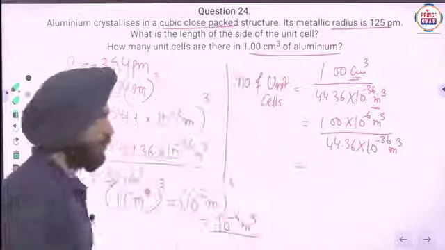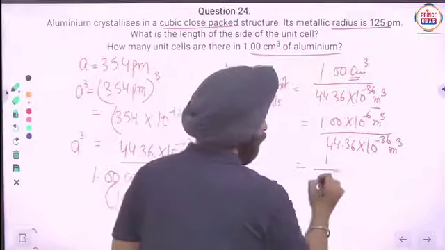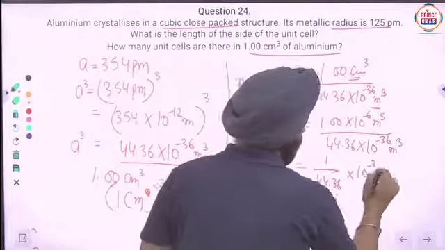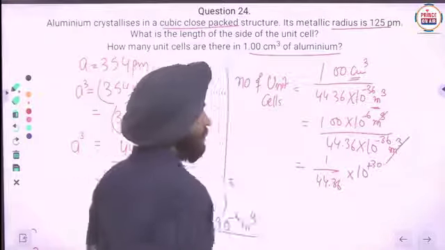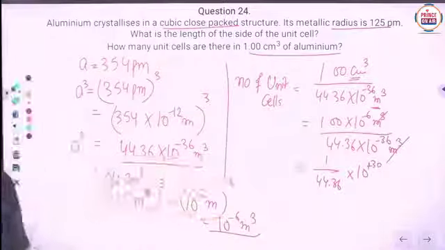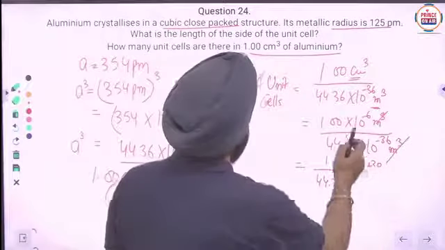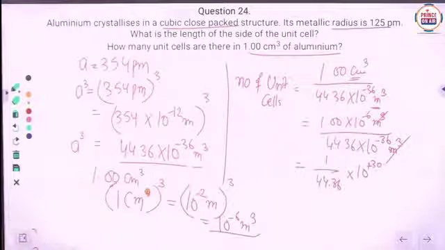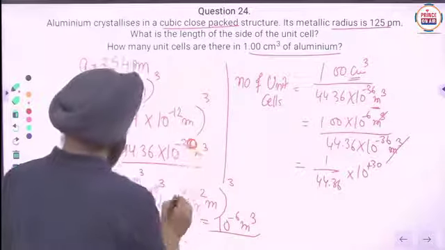Just solve this value, it will come out to be 1 upon 44.36 into 10 raised power plus 30. Okay, meter cancelled. Actually, is it 36? Let me check once. No, it is not 36, it is 30. Okay, it is 30.